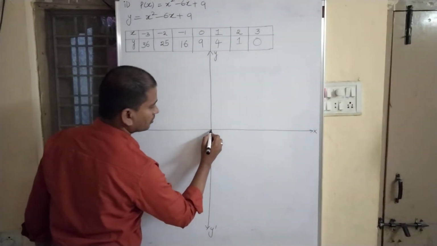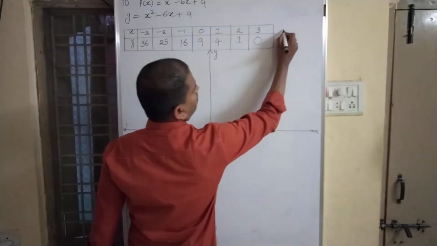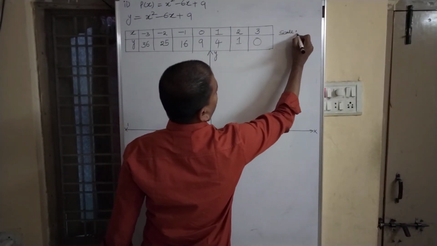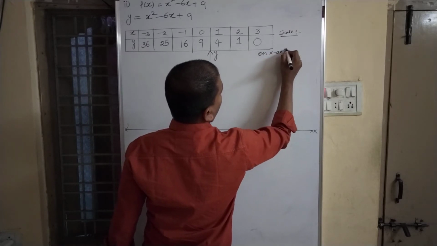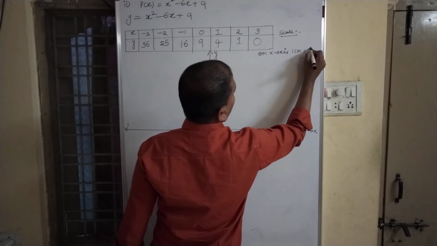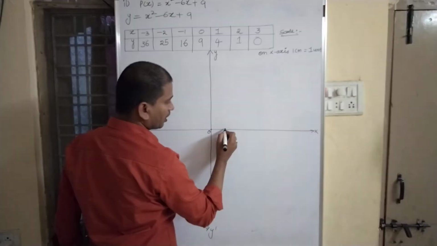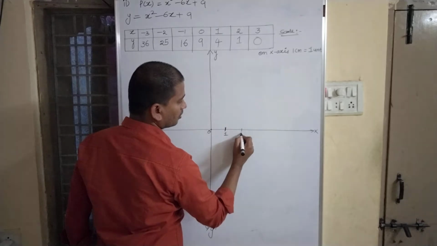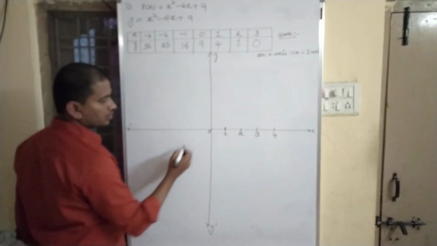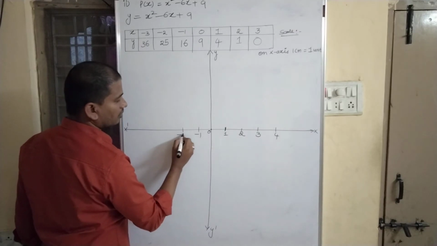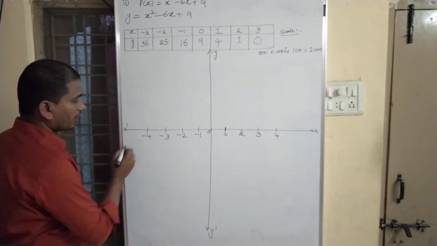This is the origin. On the x-axis, the scale is 1 centimeter equal to 1 unit. Let me take 1 unit: 1, 2, 3, 4, and so on, and minus 1, minus 2, minus 3, minus 4, and so on.